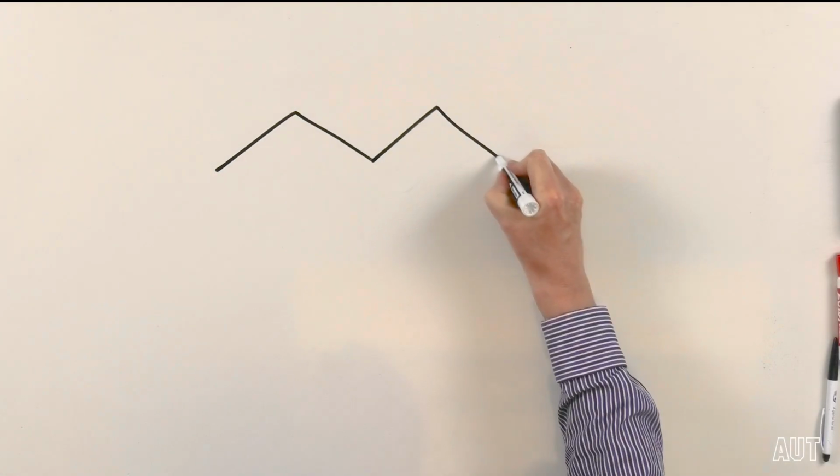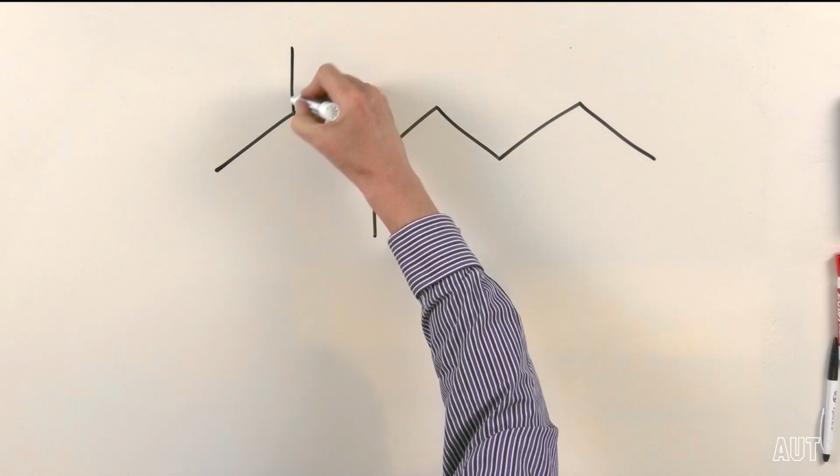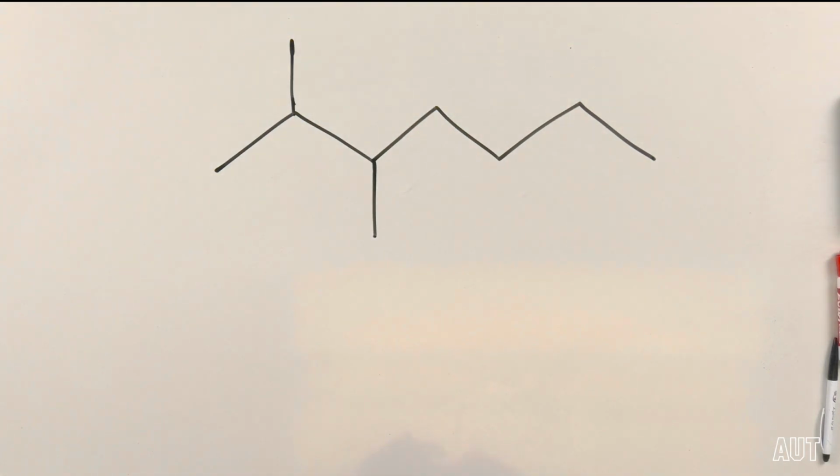Right, so let's do another one or two, just to make sure that you're getting all of this. So what's this one named as? Hopefully we're getting used to this now.